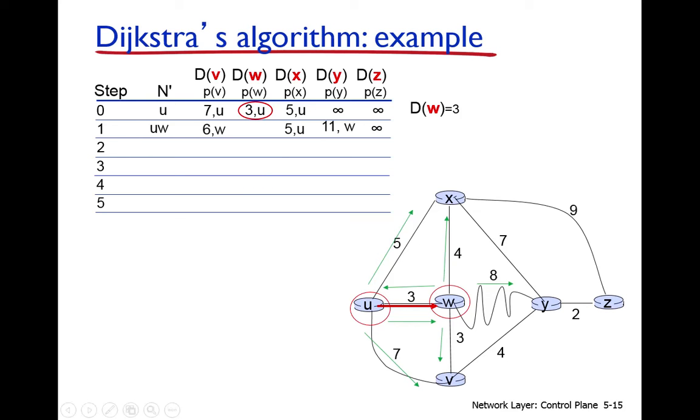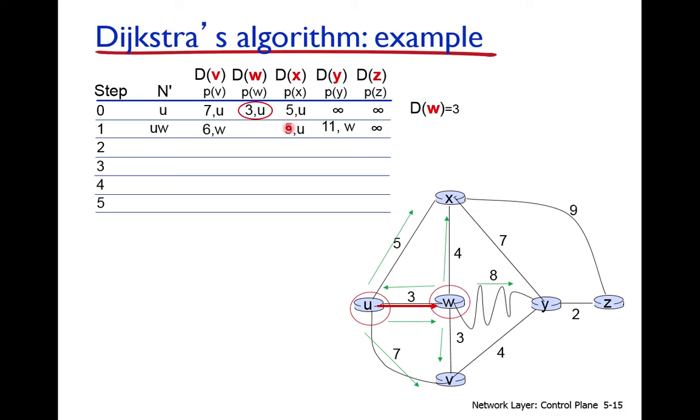Now this second step has been computed successfully. Which one has the minimum distance? This is 6, this is 5, this is 11, this is infinite. So which one is the lowest? 5 is the lowest.